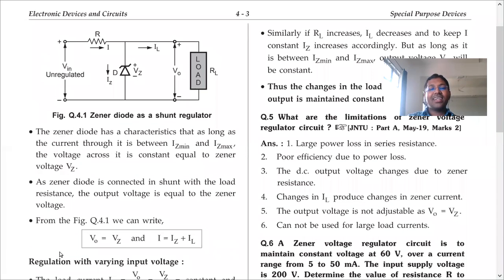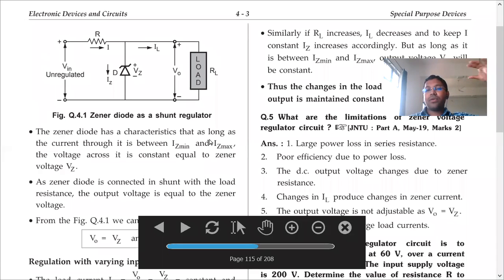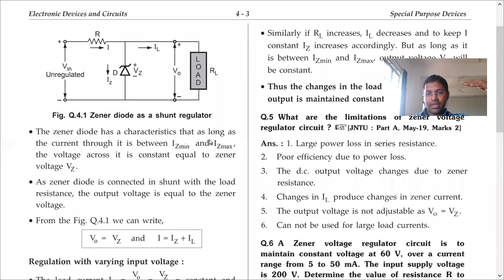First, regulation with varying input voltage, which means if input changes, is the output constant or not. Next, keep input constant to study the effect of variation in load.